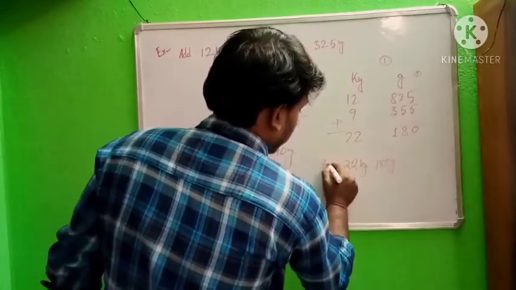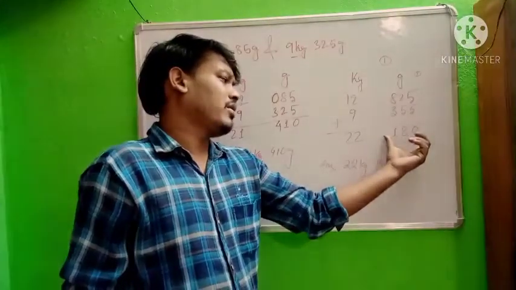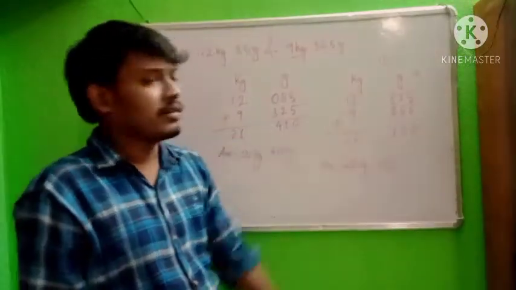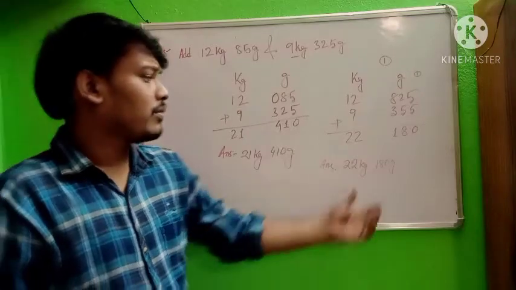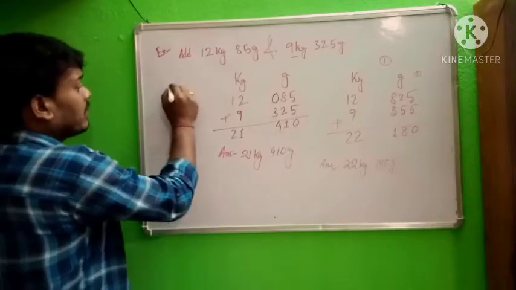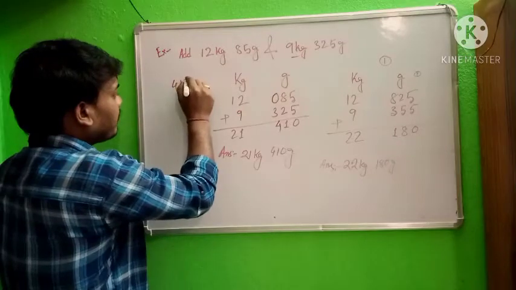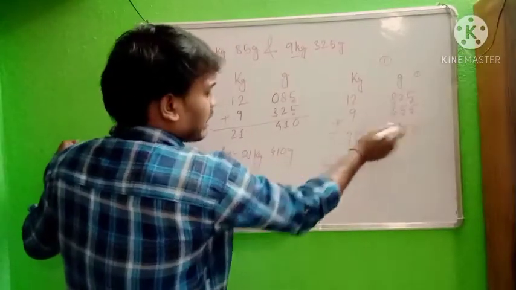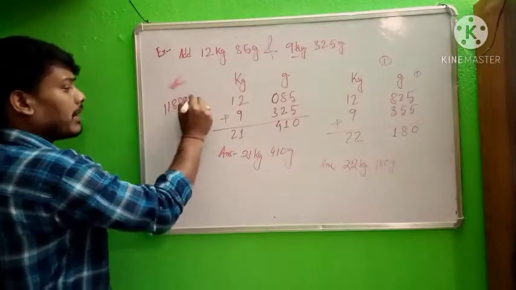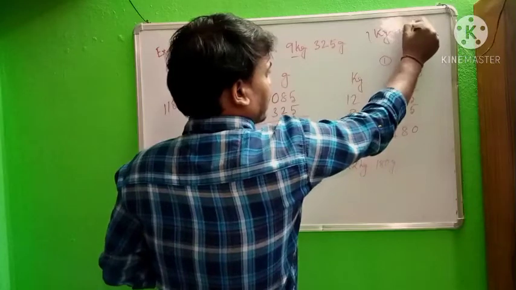This is the answer. Now the question is, why have we written only a 3-digit number here? The answer is, if the gram value is more than 3 digits, like 1180 gram, and we know that 1 kg equals 1000 gram.